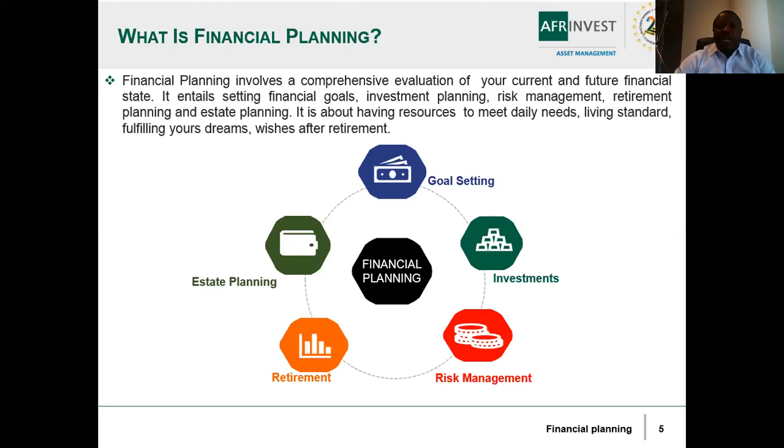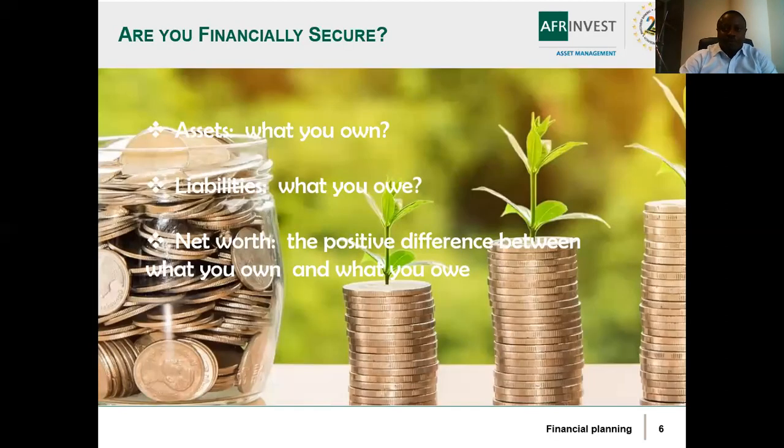Financial planning is not just about having money or funds. It also involves having enough resources to take care of your daily needs, help you maintain a very good standard of living, and help you fulfill some of your wishes after retirement.